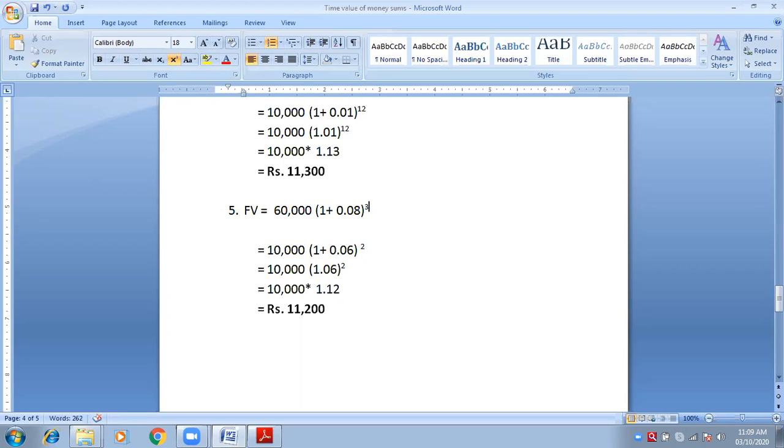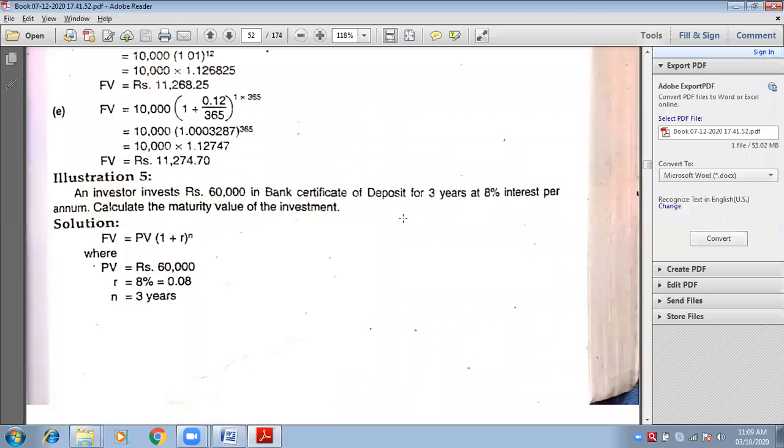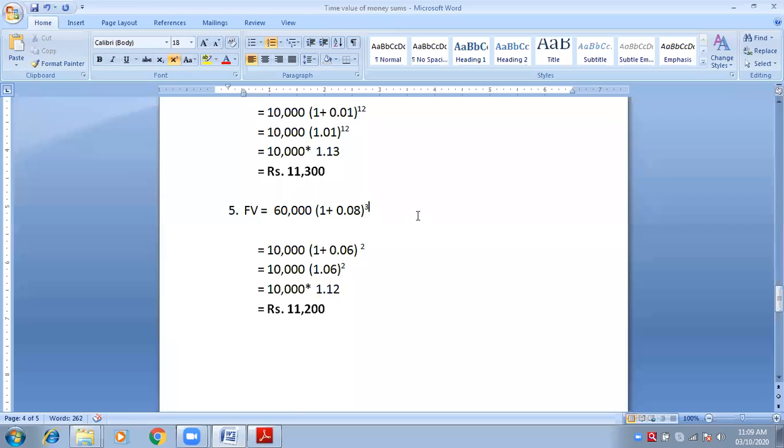So 60,000 in the bracket 1 plus 0.08 raised to 3. Is it written compounded half yearly, quarterly or semi-annually? No. That means it is to be assumed that it is already annual. We don't have to do anything. Just plain 1 plus 0.08 raised to 3.